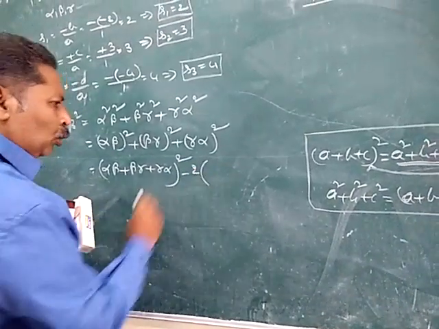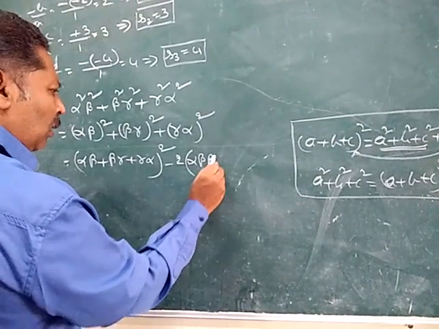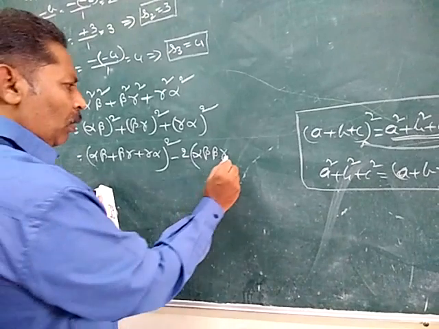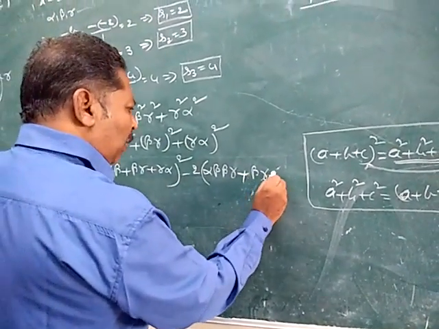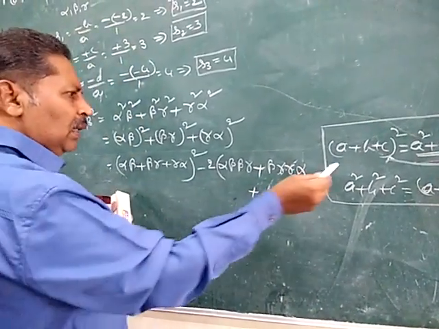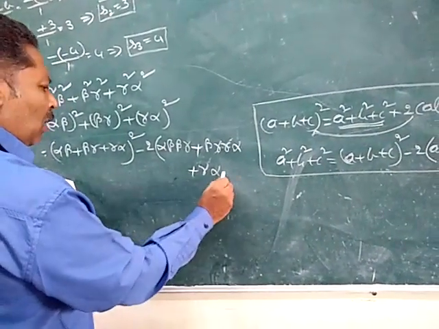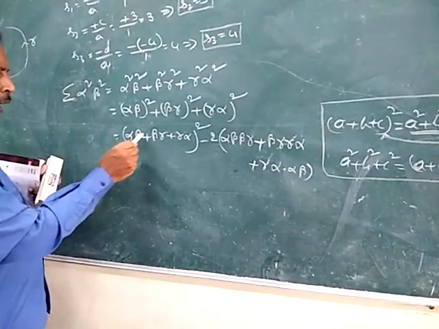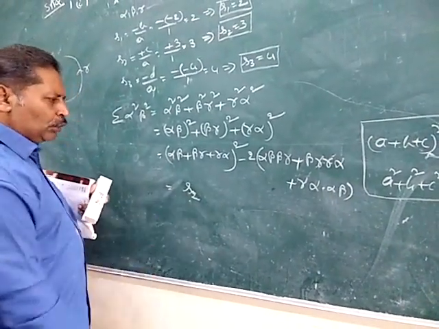minus 2 into AB, BC, CA. Alpha beta is the A value, beta gamma is the B value, gamma alpha is the C value. So alpha beta plus beta gamma plus gamma alpha is nothing but S2.